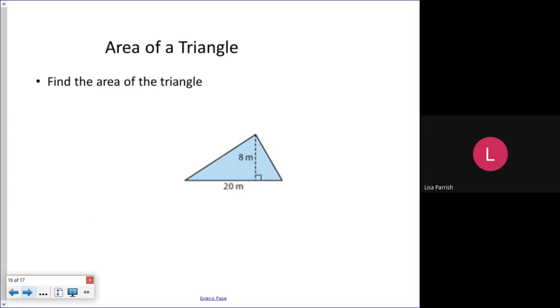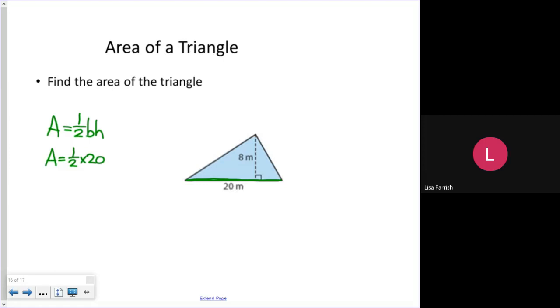If you need a minute to draw that triangle, take a minute and draw that. Label the measurements. It's kind of a different shaped triangle. Just draw it to the best of your ability. So my first formula was 1/2 base times height. So 1/2 times, now remember your base is going to be here.